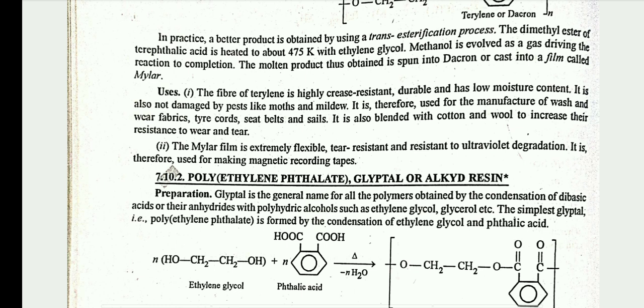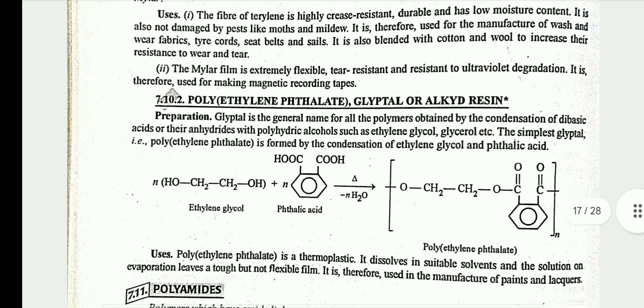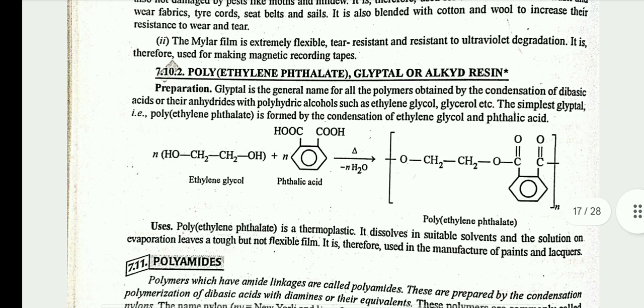The Mylar film is extremely flexible, tear resistant, and resistant to ultraviolet degradation. It is therefore used for making magnetic recording tapes. Polyethylene phthalate, glyptal, or alkyd resin. Glyptal is the general name for all polymers obtained by the condensation of dibasic acids or their anhydrides with a polyhydric alcohol such as ethylene glycol or glycerol.